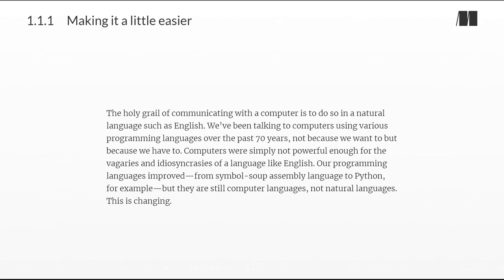We've been talking to computers using various programming languages over the past 70 years, not because we want to, but because we have to. Computers were simply not powerful enough for the vagaries and idiosyncrasies of a language like English. Our programming languages have improved, from symbol soup assembly language to Python, for example, but they are still computer languages, not natural languages. This is changing.